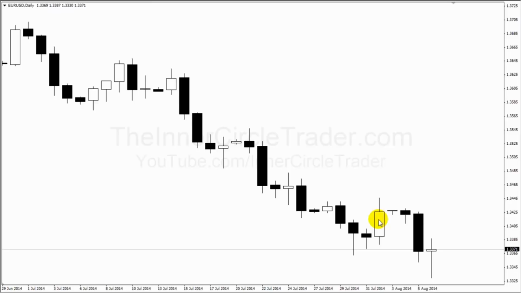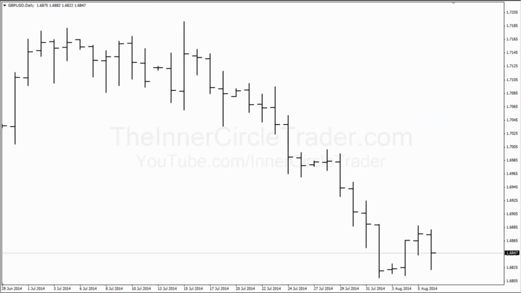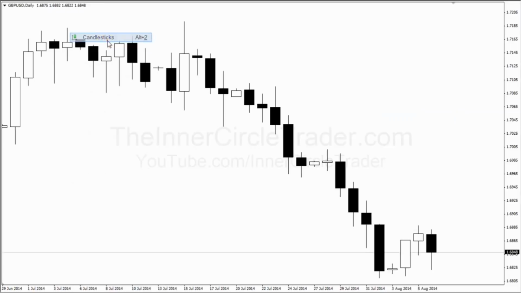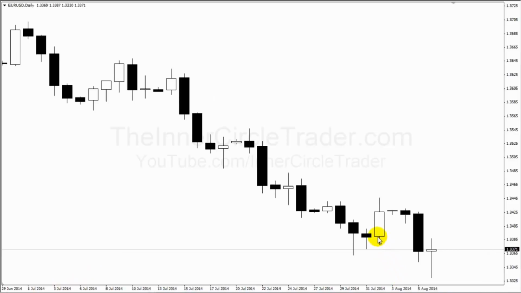Now contrast that with what we see here in the cable. Let's go back over here and add candlesticks. Here's Wednesday, Tuesday, Monday, Sunday, Friday. Friday's a down move on the cable. On the fiber, Friday's an up move. That doesn't make any sense, does it?